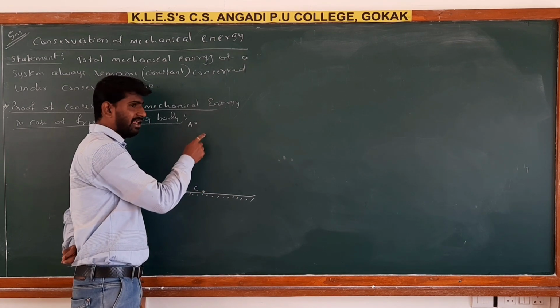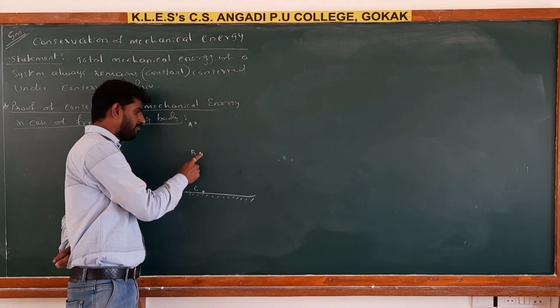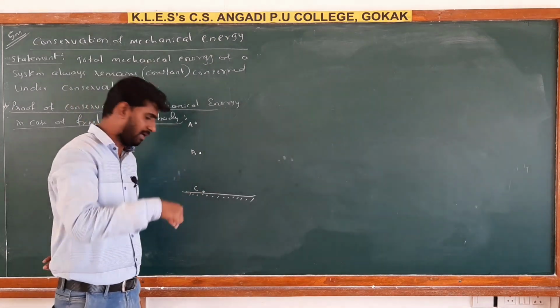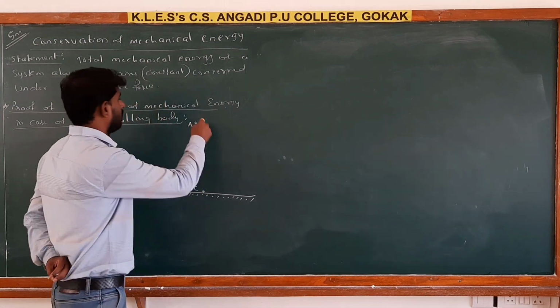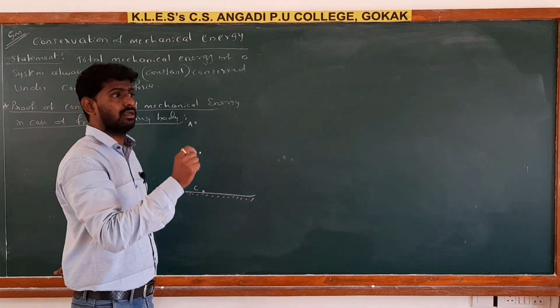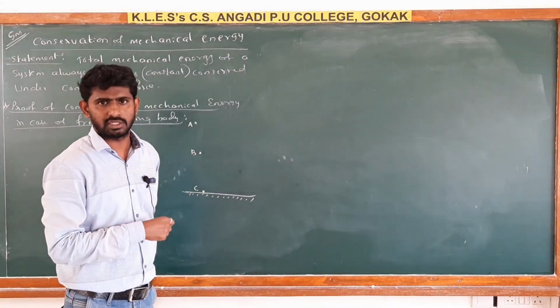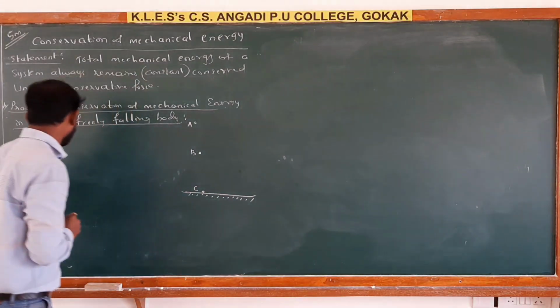If the total mechanical energy at A, at B, and at C are the same, then you say that mechanical energy is conserved, if it is the same in all the positions, in all the cases. Okay, let us see one by one.